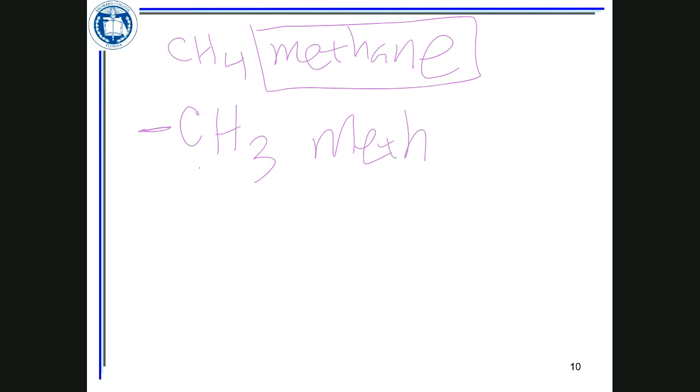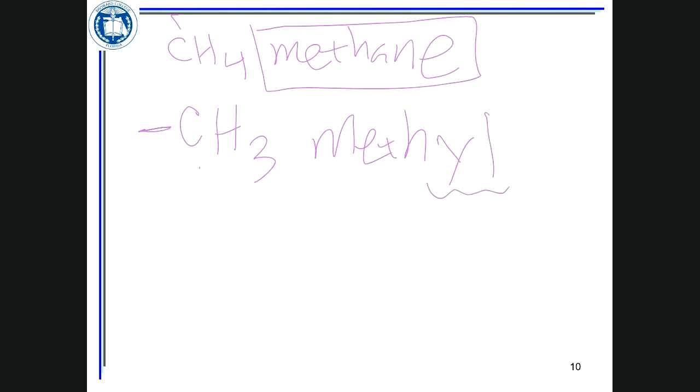If we count the number of groups for methane, it's 4. CH3 has lost 1 group, or electron group, and I used to say it has lost 1 hand. It becomes yl, and we call it methyl.